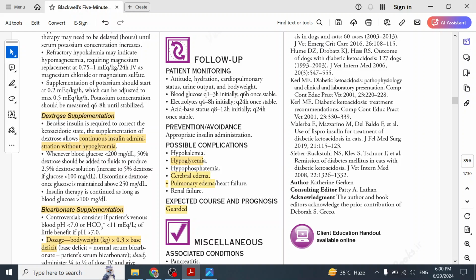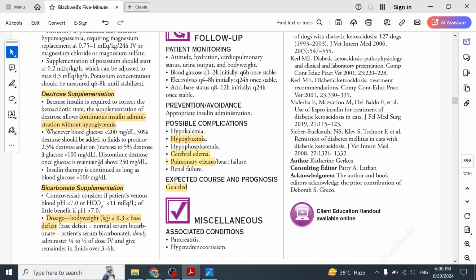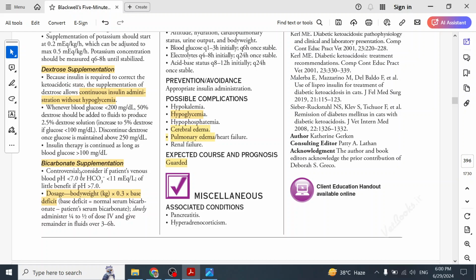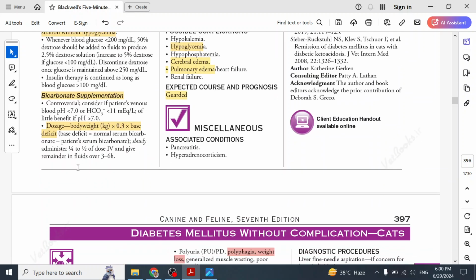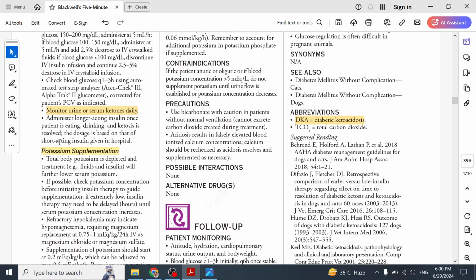Then dextrose supplementation: whenever you give insulin there is a risk of a hypoglycemic state, so to prevent hypoglycemia we give dextrose supplementation. Then bicarbonate supplementation: the dose is body weight multiplied by 0.3 multiplied by the base deficit, depending on the bicarbonate deficiency in the body.